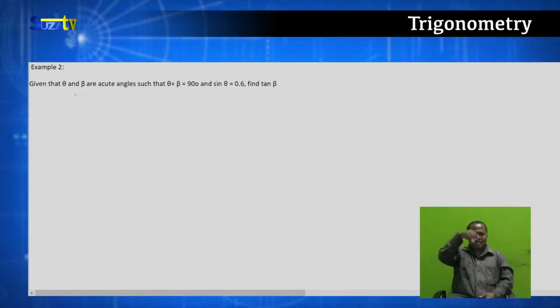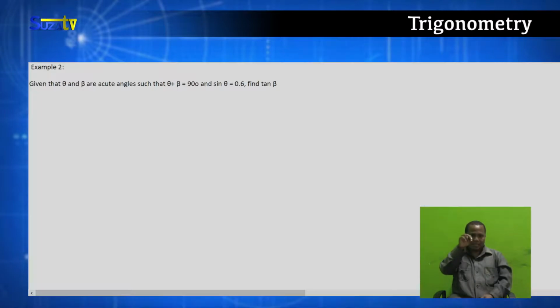From the question, you can see that theta and beta are acute angles. This means the sum of these two angles is equal to 90. If that's so, theta and beta are complementary angles, I mean the angles whose sum makes 90.